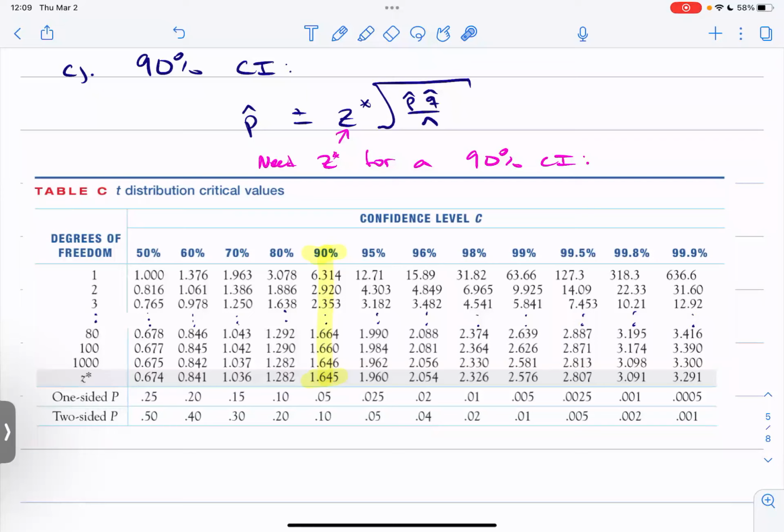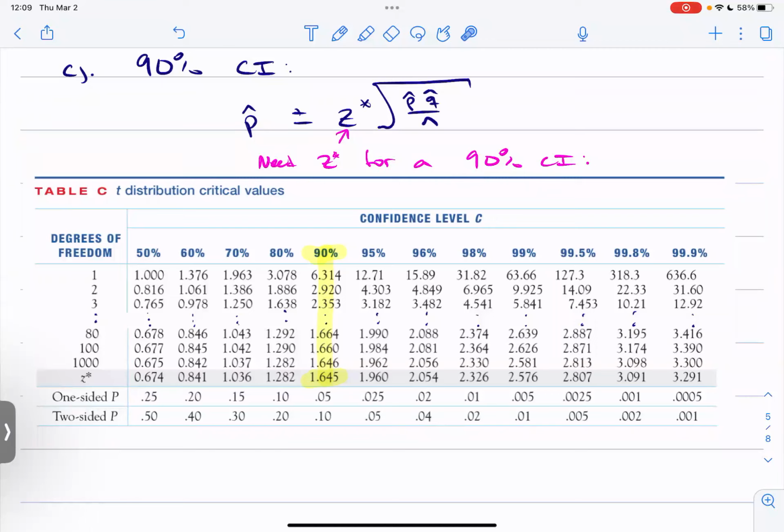Sorry, you wrote confidence interval, but we said confidence level. Well, here we need the z star, so we need the critical value for a 90% confidence interval. So the confidence level is 90%, but it's for a 90% confidence interval. These are things that I forget.